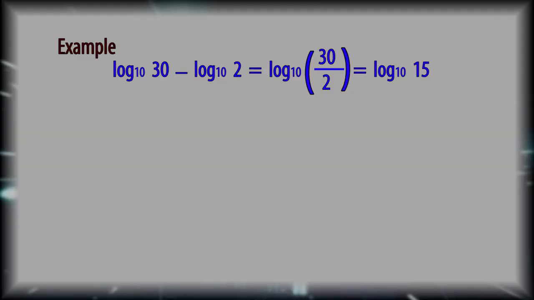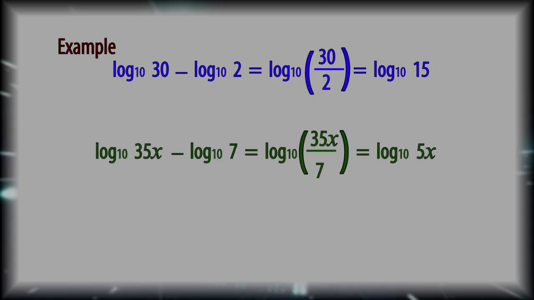For example, log base 10 of 30 minus log base 10 of 2 is equal to log base 10 of 30 divided by 2, which is log base 10 of 15. Again, log base 10 of 35x minus log base 10 of 7 is equal to log base 10 of 35x divided by 7, which is log base 10 of 5x.